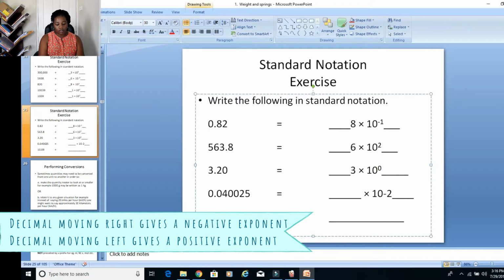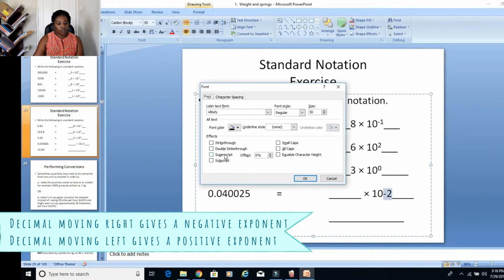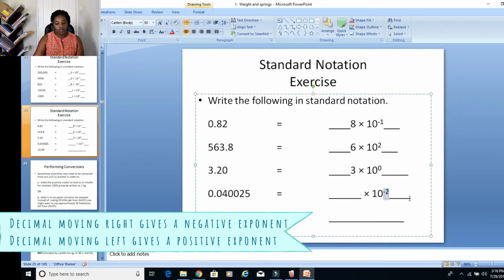Because we have to move to the right, it's going to be a negative number first. Alright. And then, if we have to move to the right twice, and the point is here, is anything there to affect the whole number that we have now? No. So it's going to be left as 4.